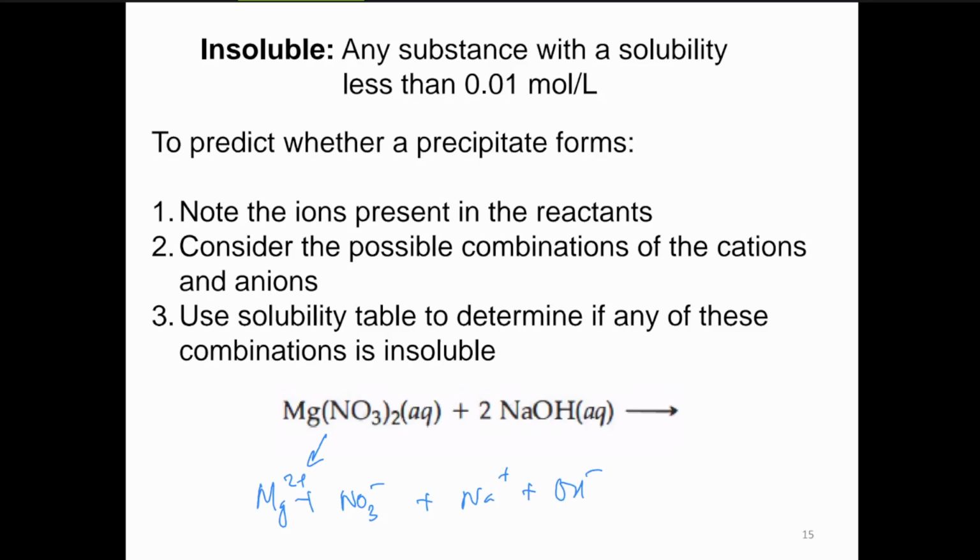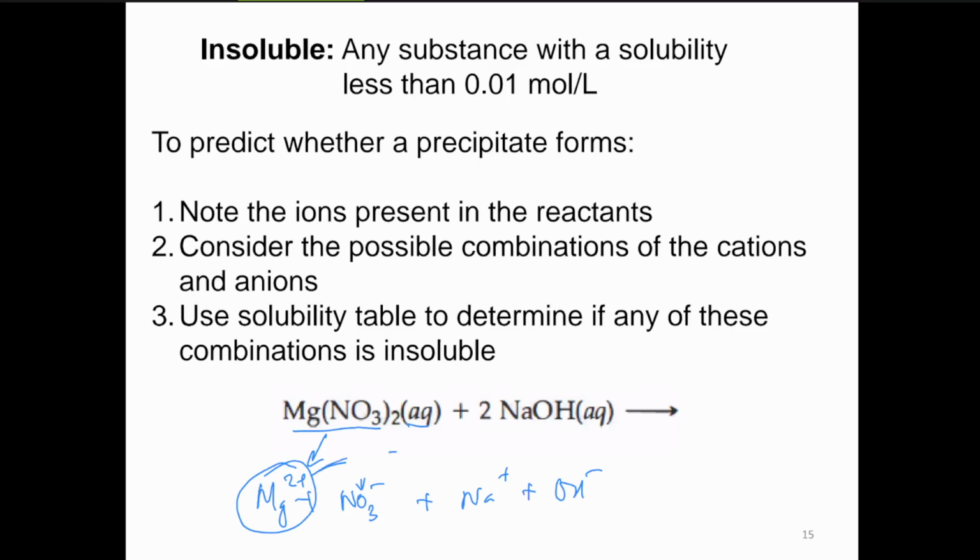The second step, consider the possible combination of the cation and anion. So if you take the magnesium, you can combine with the nitrate to give magnesium nitrate, the compound you use for the reaction. So basically, it's in a solution, that means it's highly soluble.